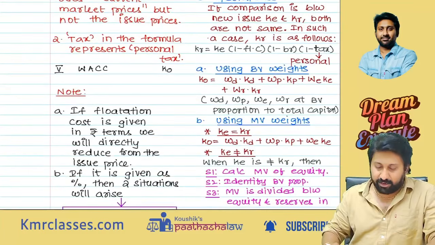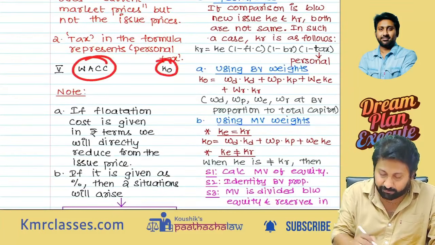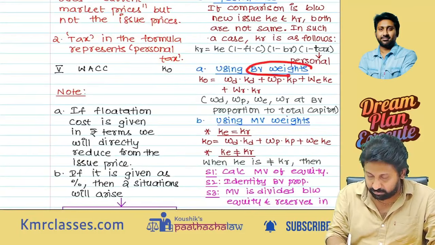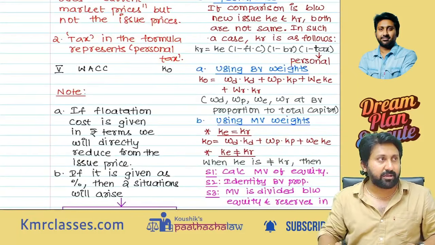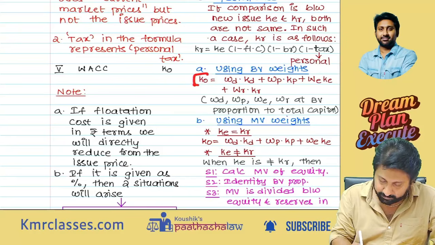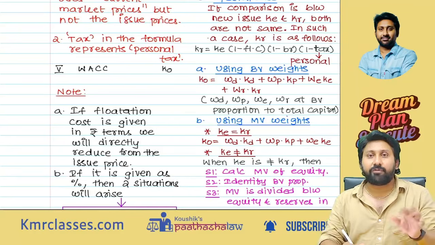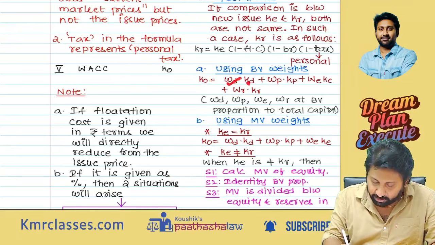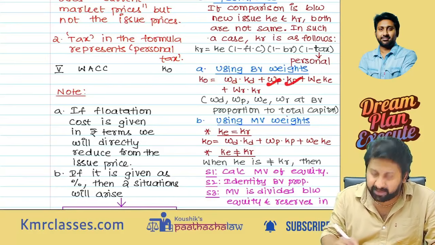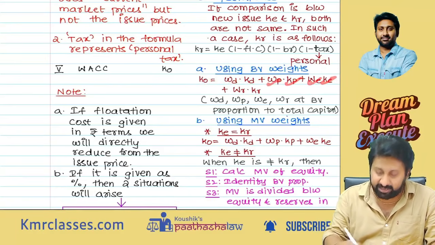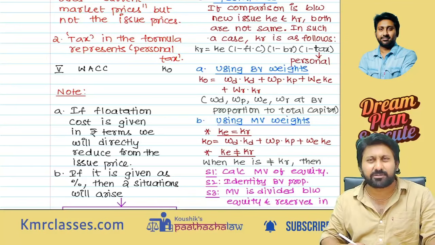Next, how to calculate WACC, KO, using book value weights. KO means WD, KD, WP, KP, WE, KE, WR, KR. Means what?